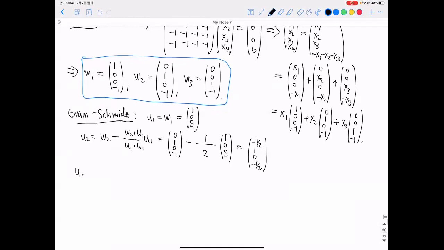Now, finally, U3 is W3 minus some factor in U1 and some factor in U2.